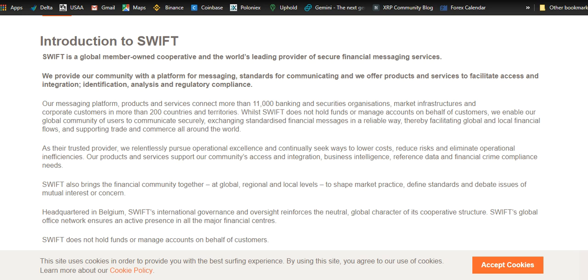We provide our community with the platform for messaging, standards for communicating, and we offer products and services to facilitate access, integration, identification, analysis, and regulatory compliance. So basically SWIFT is a messaging system that incorporates over 11,000 banking and securities organizations.